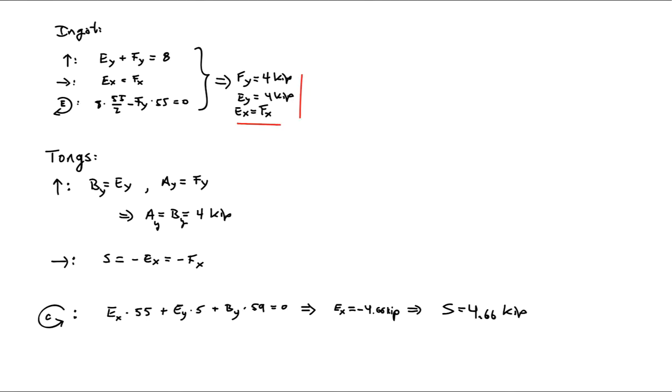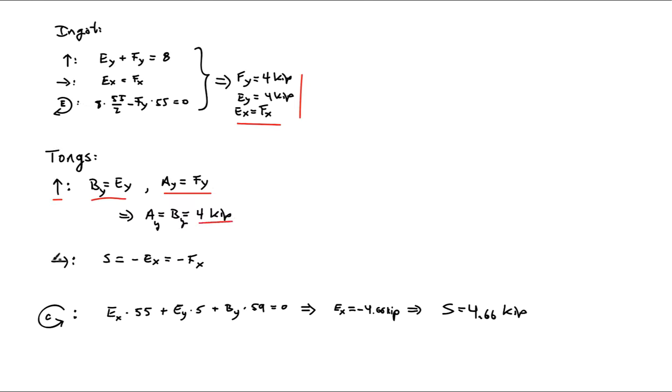If we now consider the tongs, we can look at force equilibrium in the vertical and horizontal directions, and then moment equilibrium also. And so starting with force equilibrium in the vertical direction, we see that By equals Ey and Ay equals Fy, and using our results from above, we see that Ay equals By is equal to 4 kips.